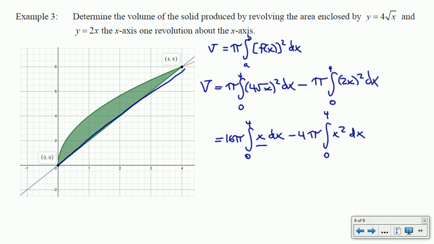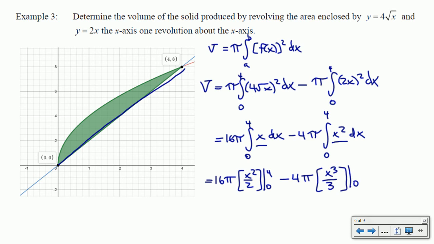This derivative would have come from an x squared over 2. So we have 16 pi x squared over 2. We need to evaluate that from 0 to 4. I've left out the constant of integration. It's a bit sloppy, but it saves me a little bit of writing. An x squared would have come from an x cubed divided by 3. So for the second term, I have negative 4 pi x cubed divided by 3, evaluated from 0 to 4.